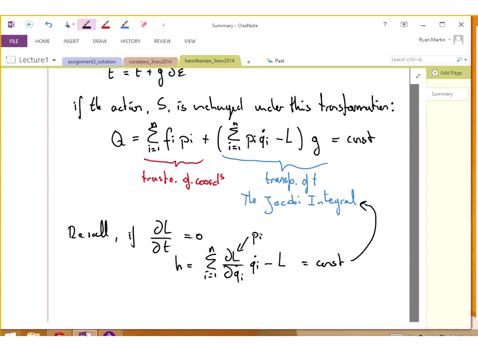If it changes the action, that's the most general scenario, and you have to consider the change in the whole action to get the second term, the term with the G, the blue term, that gives you the relation with the conservation of time. But you can also consider whether the Lagrangian is unchanged, and if the Lagrangian is unchanged, then certainly the action is unchanged. In the case of coordinate transformations, one often only needs to consider whether the Lagrangian itself is unchanged, and then you find that the conserved quantity is the first term, the red term. So let's do a few examples.